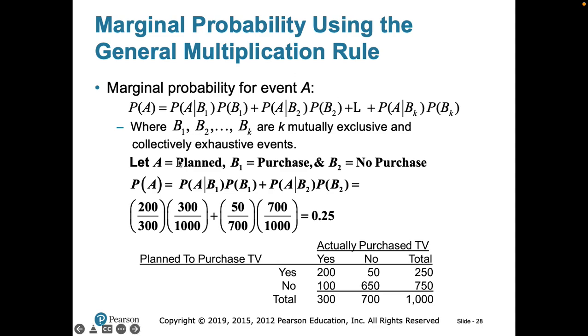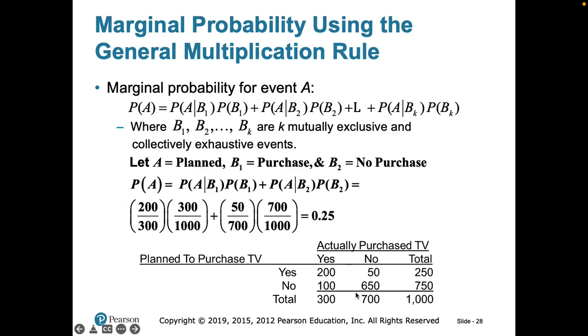So here is that multiplication. Basically, the probability of A equals the probability of A given B1 times the probability of B1. A is the one who planned to purchase the TV, and B1 those who purchased. So you can see that one, that's the 200 here, and you divide that by the 300.